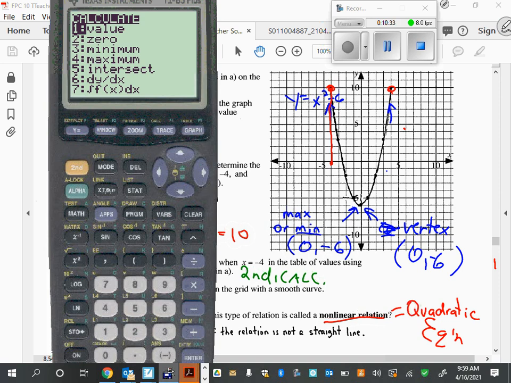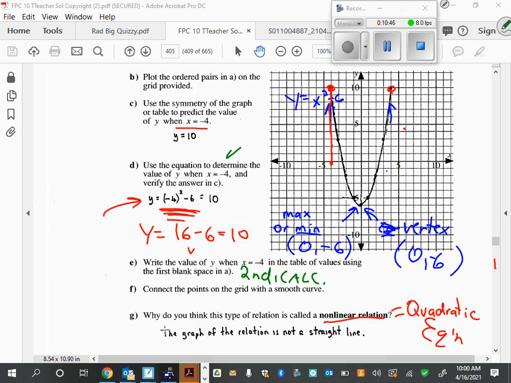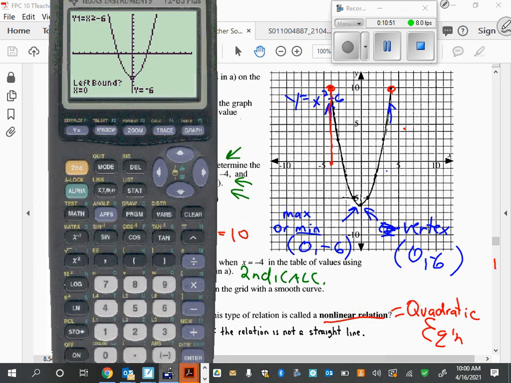And then is it minimum or maximum? So you have to know which one. So it's minimum. So you press 3, and now it's weird. When it says left bound, you have to move this cursor with these blue arrows, the arrows that are closest to the green buttons here. You have to move it to the left of the vertex.